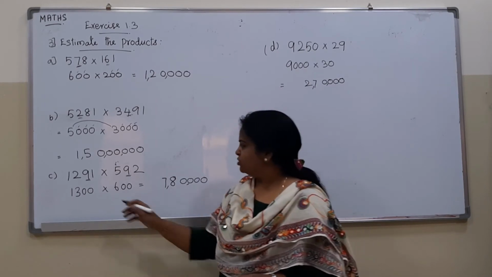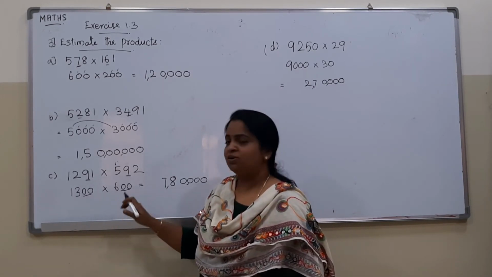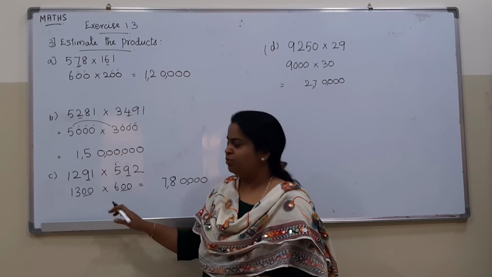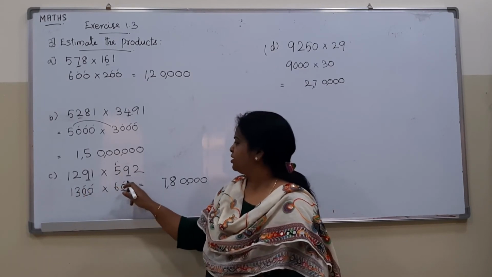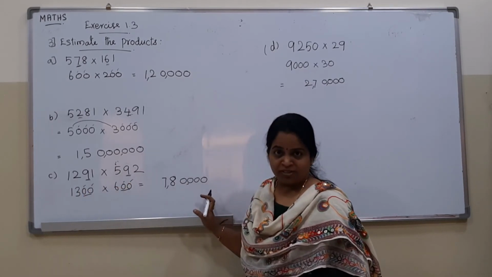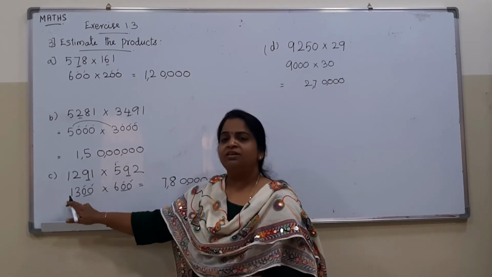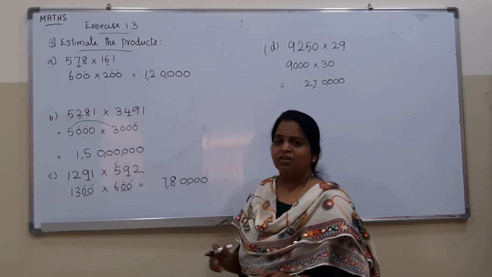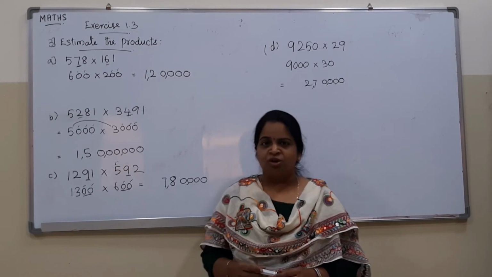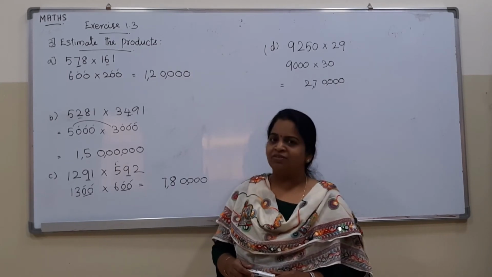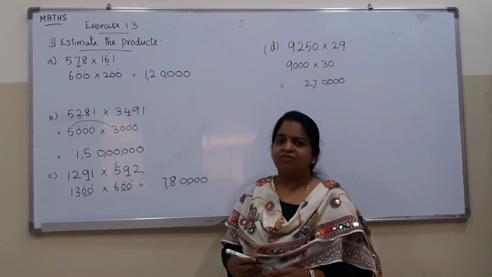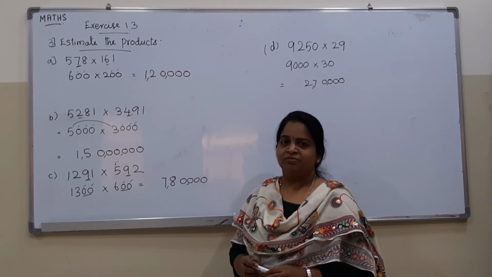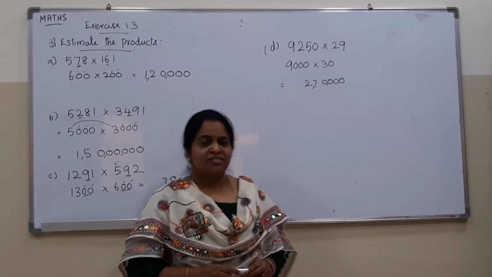Okay, children. So when you are multiplying many zeros are there, means what you are going to do? Count the zeros. 1, 2, 3, 4. Write 4 zeros here. Then multiply 13 into 6. 13 6s are 78. Okay, 13 6s are 78. What answer you got? 7,80,000. Okay, we will move to next sum.